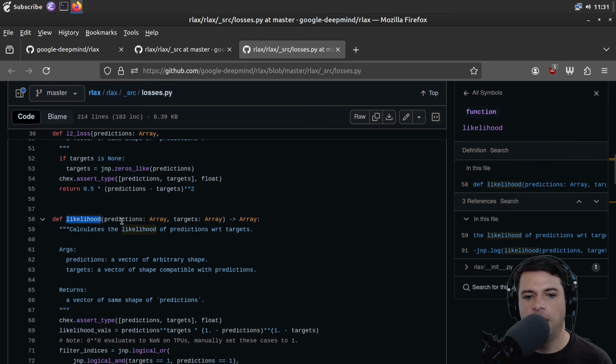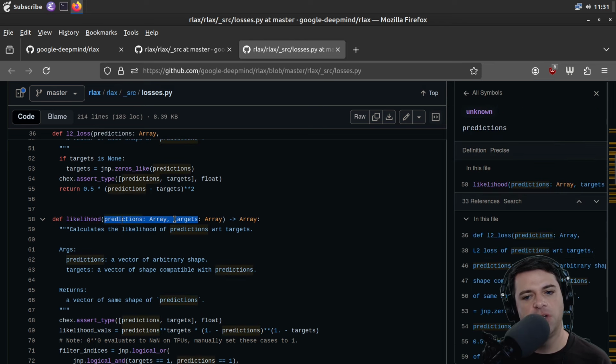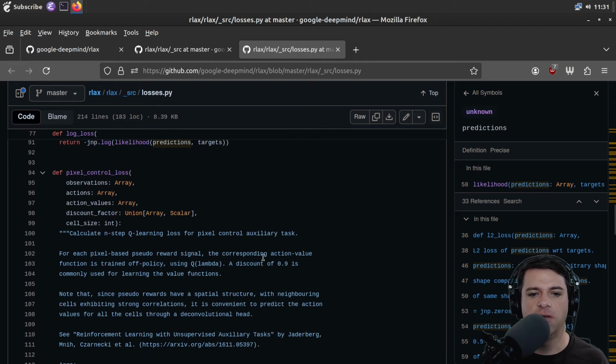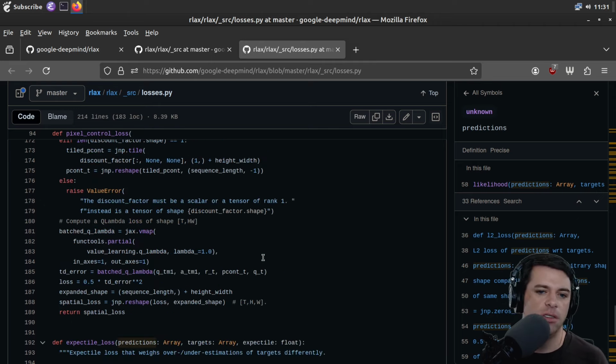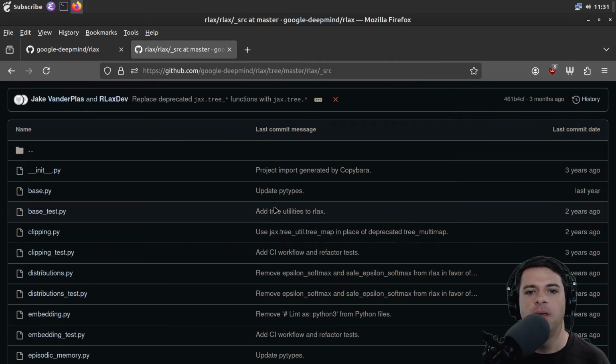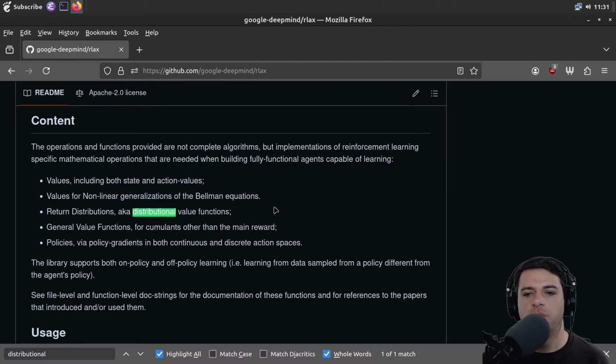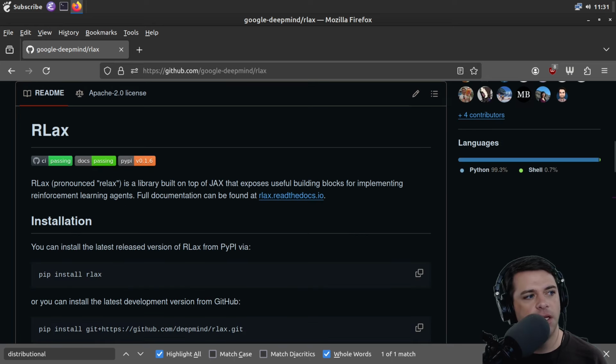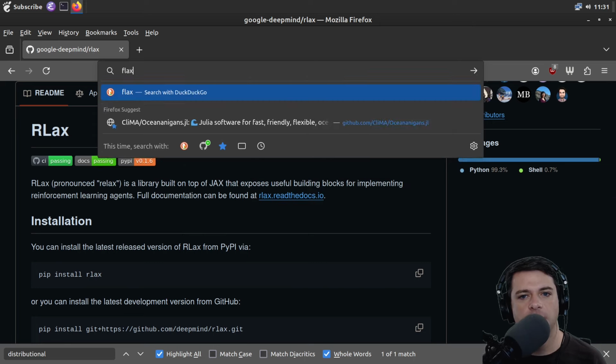We have likelihood, which takes predictions and targets as arrays, calculates the likelihood of predictions with respect to targets. Pixel control loss, the more pixely stuff. Expectile loss that weighs over/underestimates, etc. Okay, cool. That's the flavor of Rlax. I think it's time that we moved on to, what was the last one? Flax.